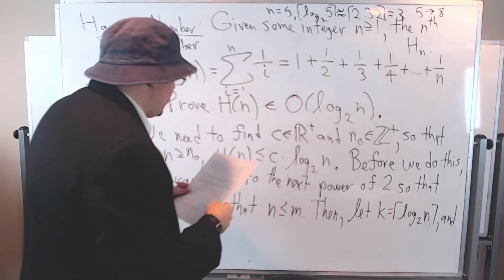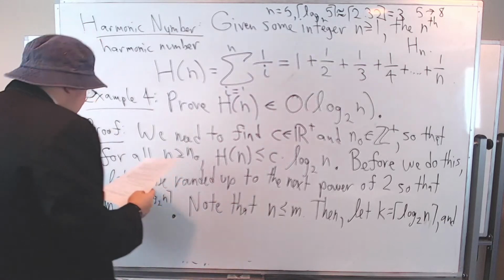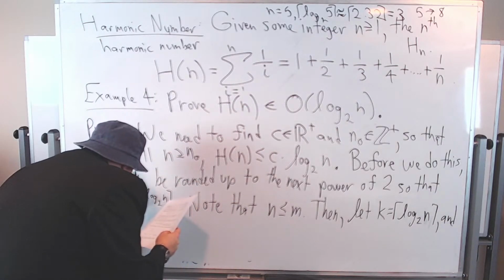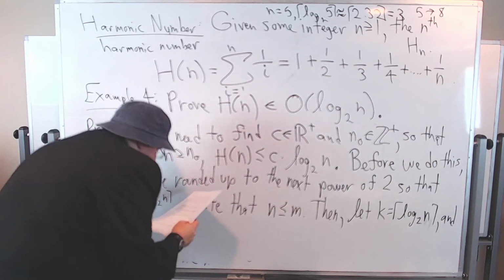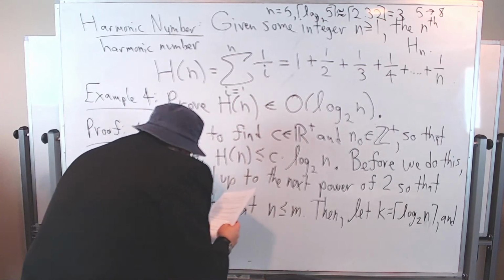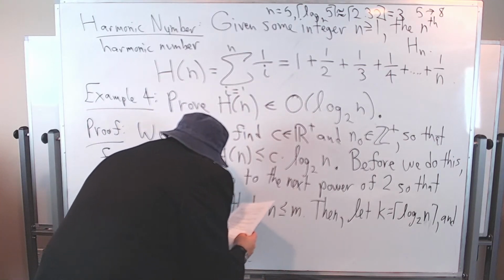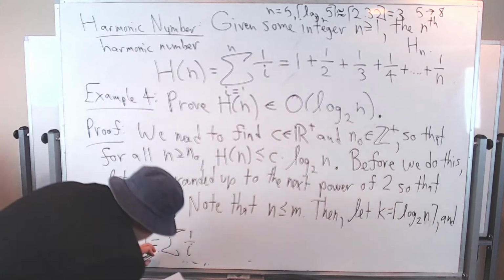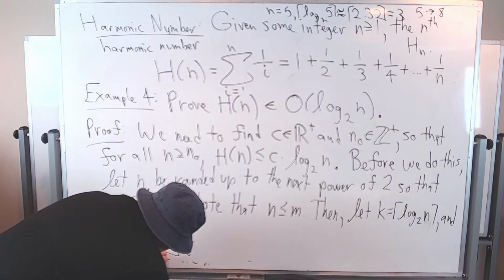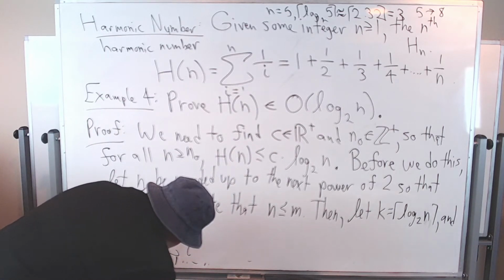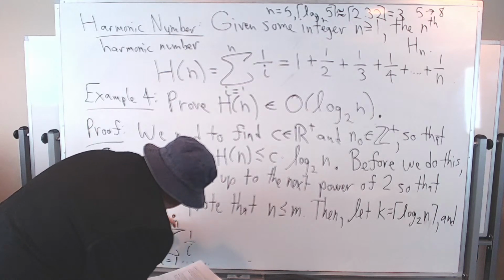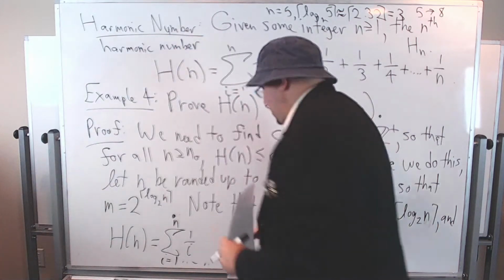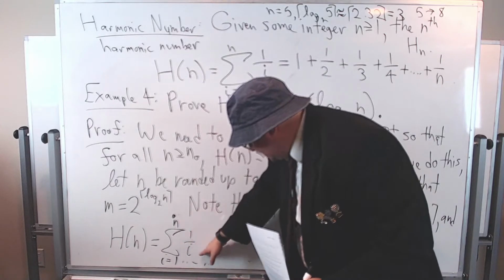So I end up with this. H of n is equal to the sum of 1 over i. I'm just writing down the definition of the nth harmonic number, so I sum from i equals 1 to n.